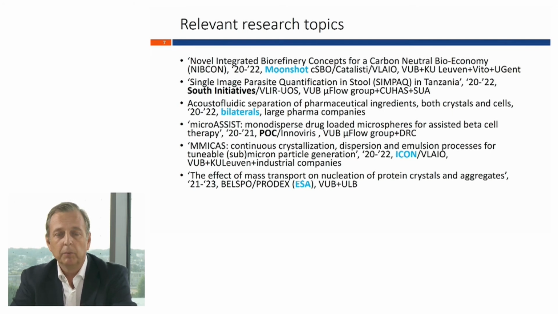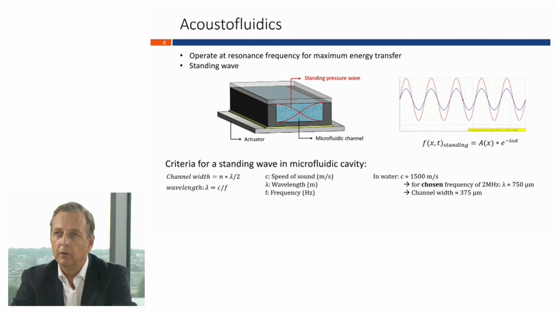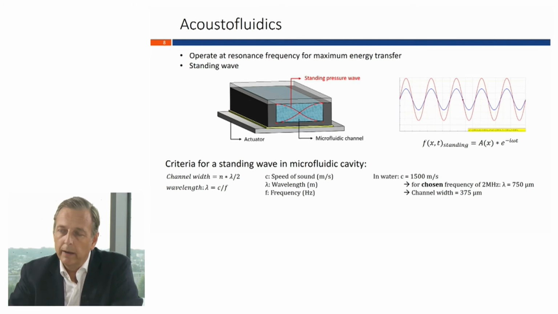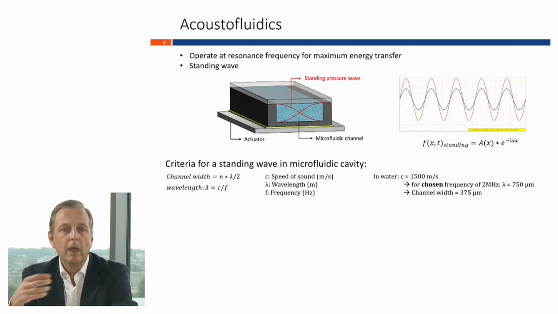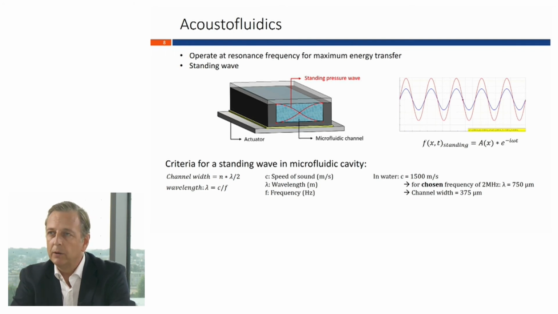An interesting field to mention, bringing it all together, is acoustofluidics, a field in which we have specialized at VUB for several years. This is using acoustics to manipulate particles in flow on a microscopic scale.